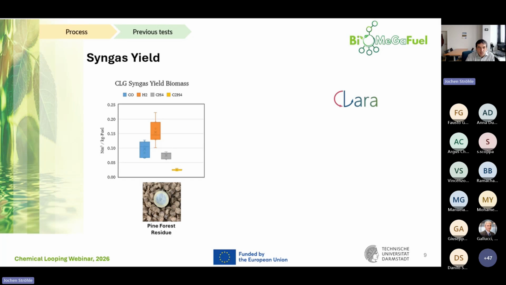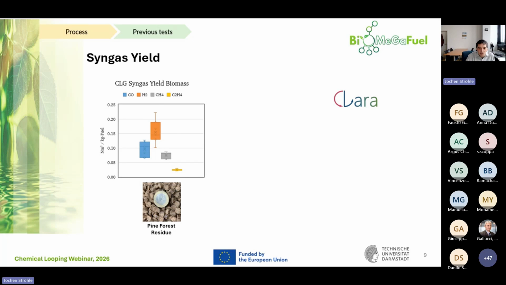Okay, for the syngas yield, we can see in summary that we have, let's say, a good syngas yield, but we also have hydrocarbons like methane and also higher hydrocarbons like ethene in a significant amount. And these hydrocarbons cannot be directly converted in a downstream methanol synthesis.